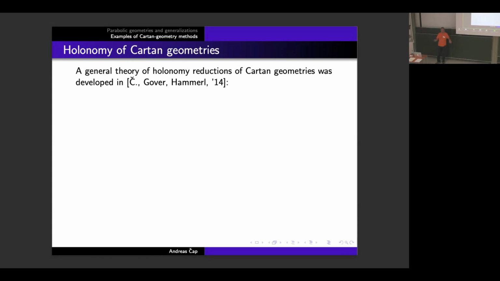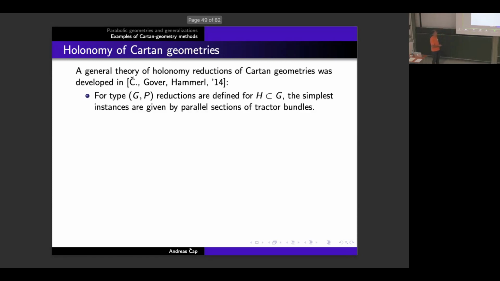So you start with an arbitrary Cartan geometry, and naively speaking, a Cartan connection has no holonomy because it has no horizontal curves or anything like that. But it turns out that there is a way to extend a Cartan connection to a principal connection, and then you can look at the holonomy of that principal connection.